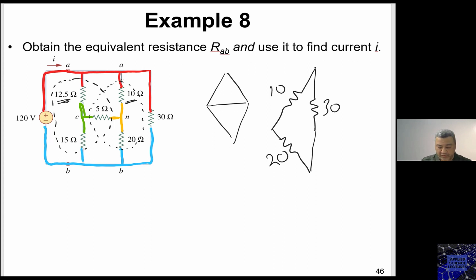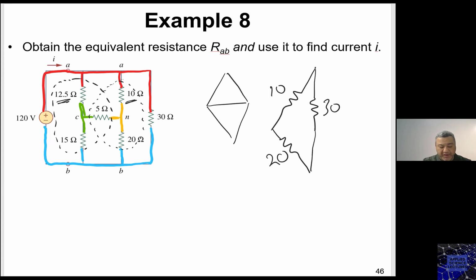So keep this in mind. This is extremely important to understand the definition of the electrical node that we are using in this course. Any other questions?